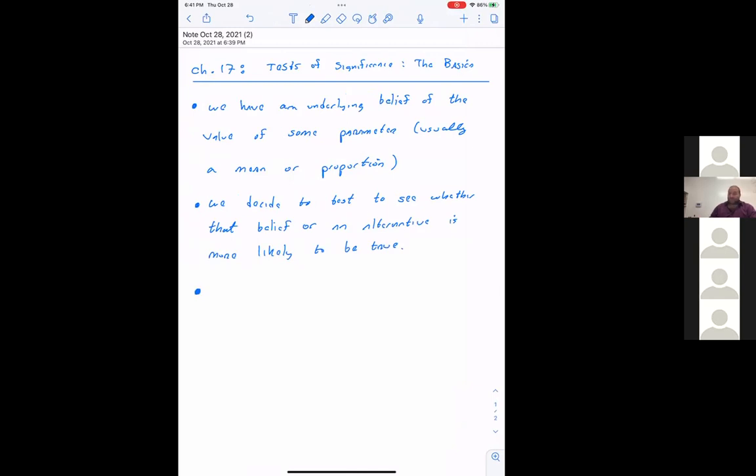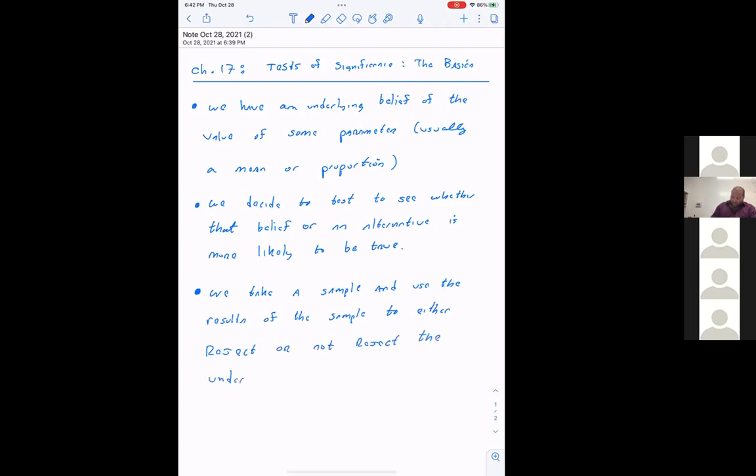Well, just like with confidence intervals, just like with everything in statistics, we take a sample and use the results of the sample to either reject or not reject the underlying belief.